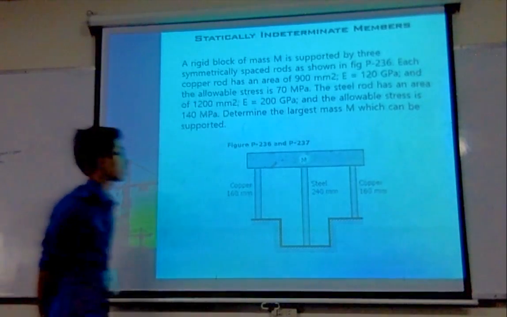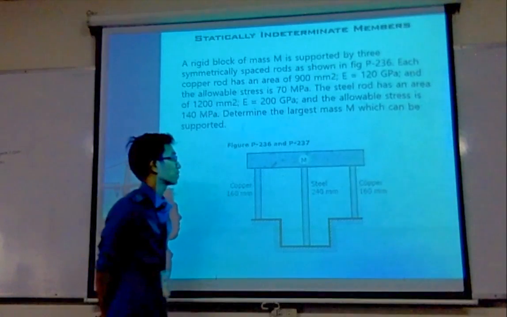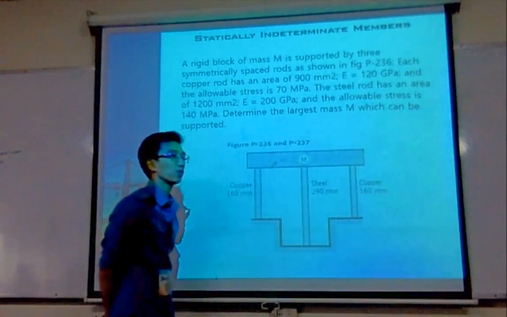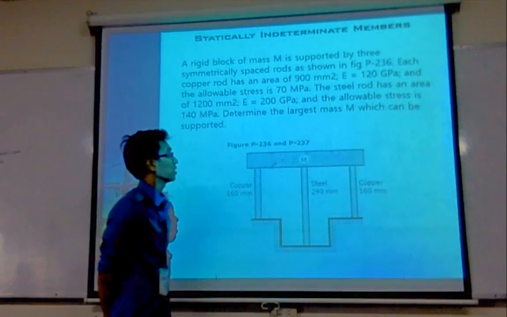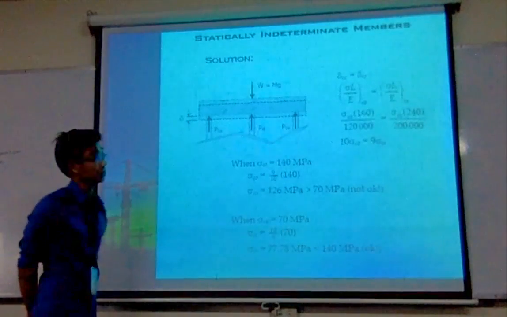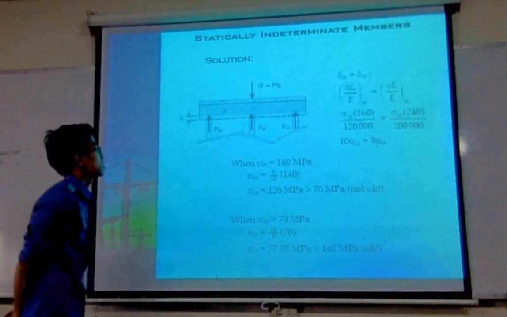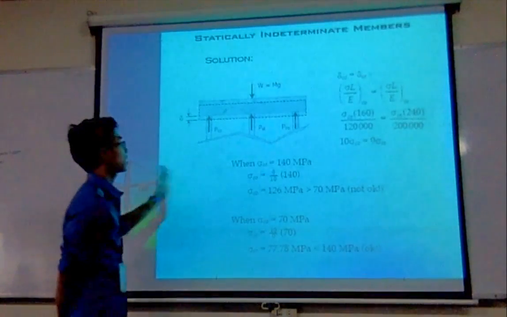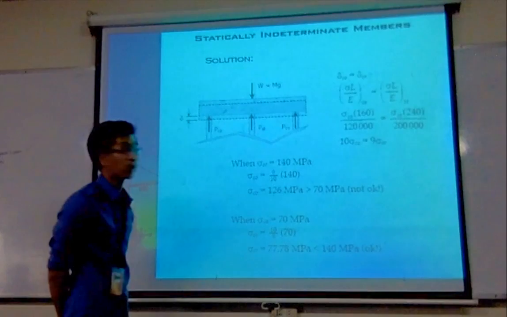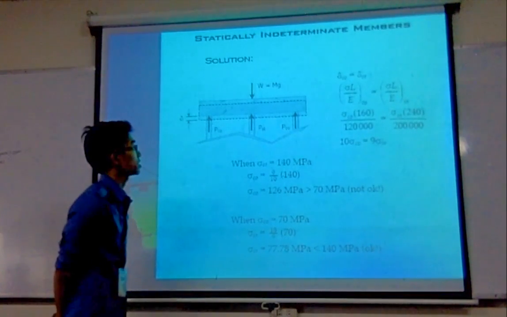We have the copper rods on both ends and the steel in the middle. Our goal is to determine what mass the rods can support. For our solution, since we have three rods, there are three forces going upward: two forces on the copper and one force on the steel.